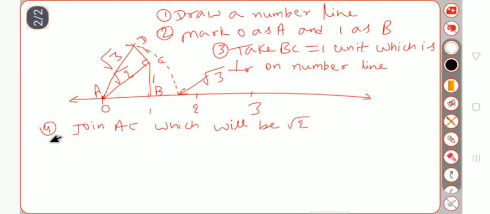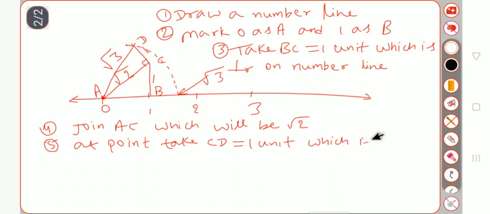Now at point C, take CD equal to 1 unit which is perpendicular to AC.